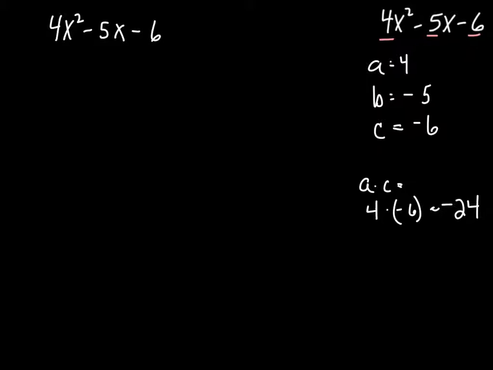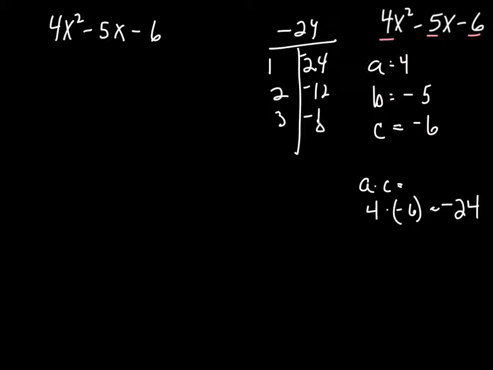We have a negative and a positive number. If I had a 1 and a -24, a 2 and a -12, a 3 and a -8, that's going to get us where we need to be, so we can go ahead and split up our b term into -8x plus 3x.